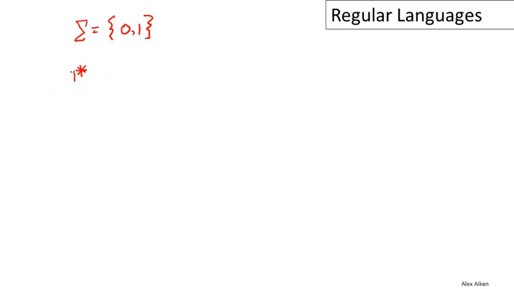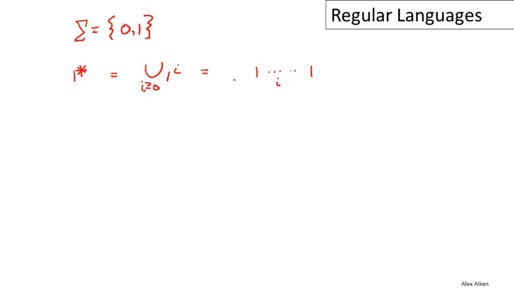Well, we know the definition of star. If we remember, that was the union over I greater than or equal to 0 of 1 to the I. And what is that equal to? Well, that's just 1 repeated I times. That's what the concatenation of 1 to the I means: 1 concatenated with itself I times.